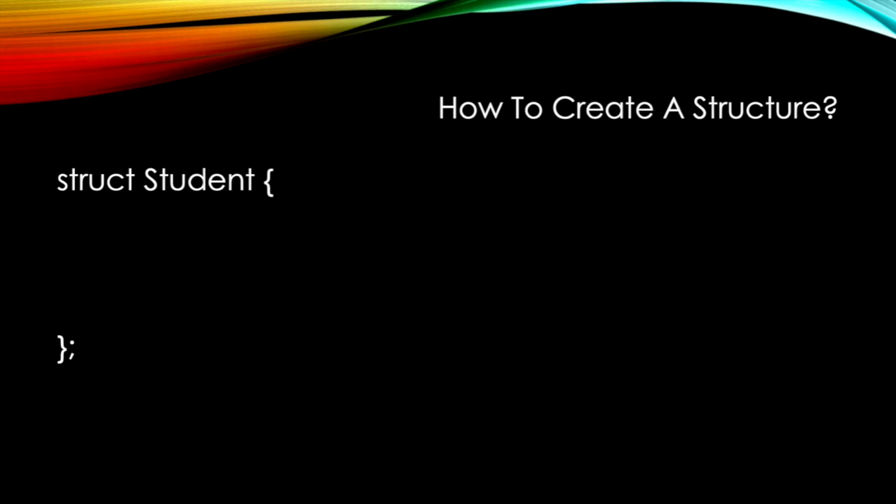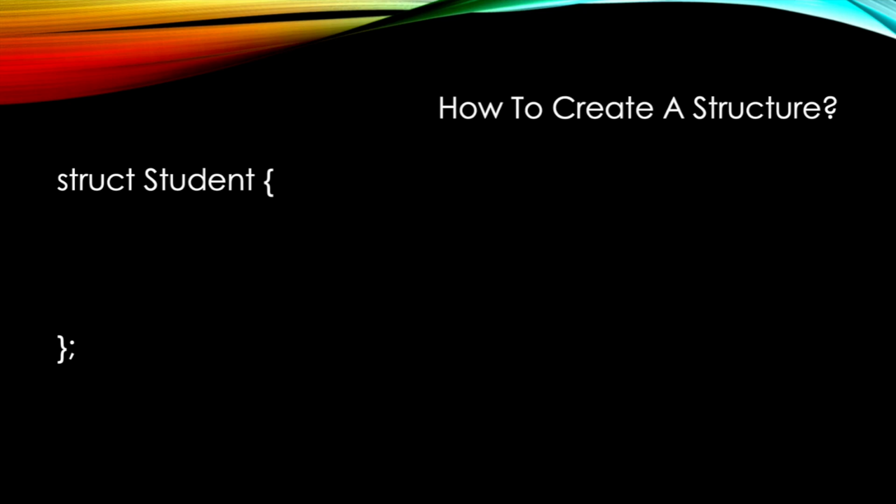Every structure must have a tag name, and here the tag name is student. Followed by that we have to put a set of braces, which represents a collection of different types of data, and after the closing brace we have to put a semicolon, that is the end.